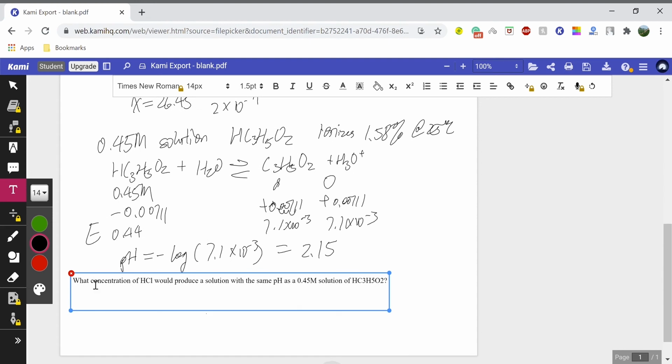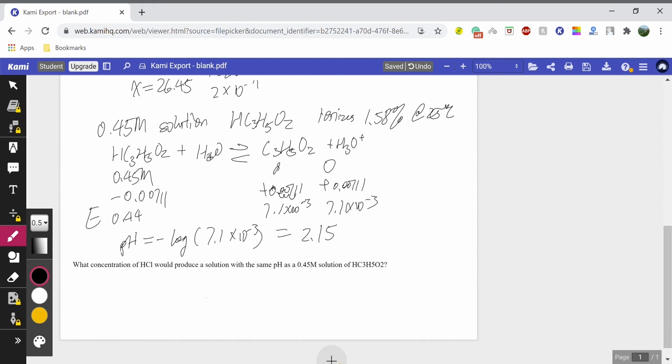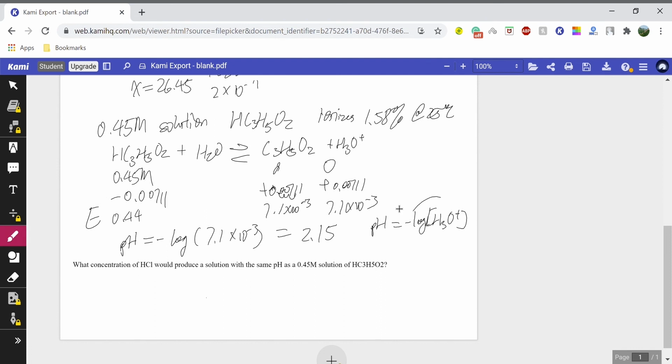The answer is, since HCl is a strong acid, we need to produce something with the same pH as this 0.45 molar solution of HC3H5O2. How is pH found? pH is equal to the negative log of the concentration of H3O plus. To get the same pH, the concentration of H3O plus from HCl has to be the same.